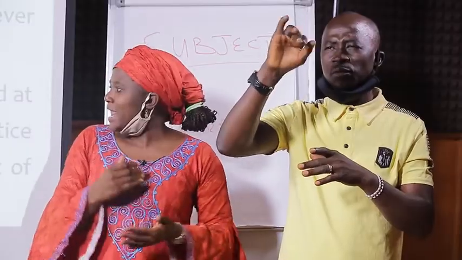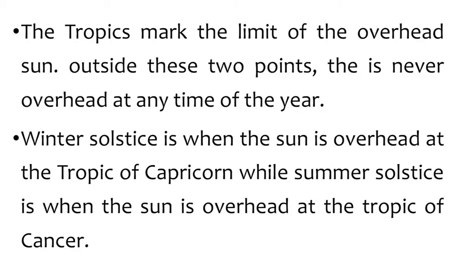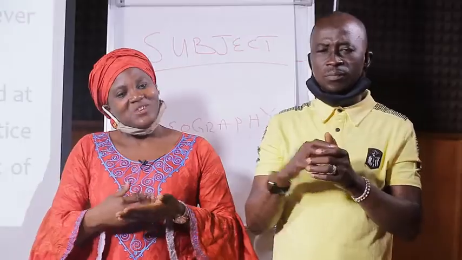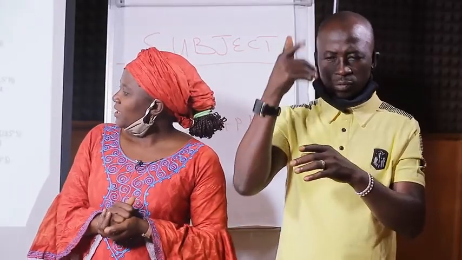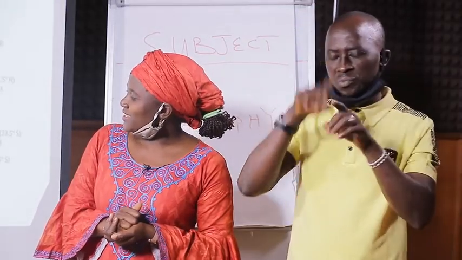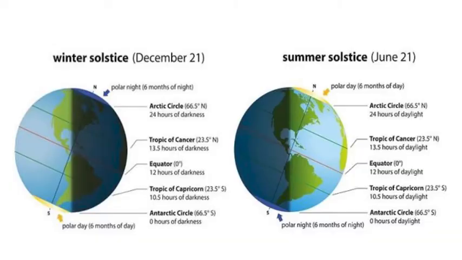That is its limit. In winter solstice, the sun is overhead at the Tropic of Capricorn, while the summer solstice is when the sun is overhead at the Tropic of Cancer. We've said it, we'll say it again so that it remains in your head. Now, these are also the diagrams of the solstice, like we've discussed. We'll continue.